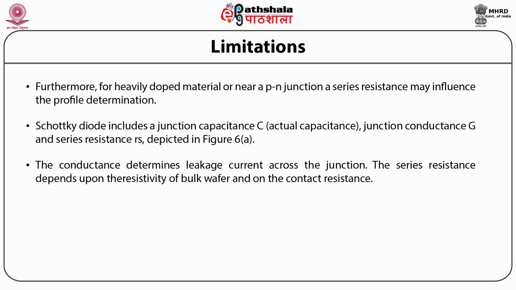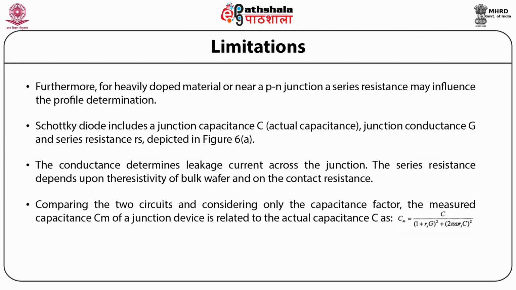The series resistance depends upon the resistivity of the bulk wafer and on the contact resistance. Capacitance meters assume the device to be represented by the parallel circuit in Figure 6b, where Gm and Cm are the measured conductance and capacitance respectively.